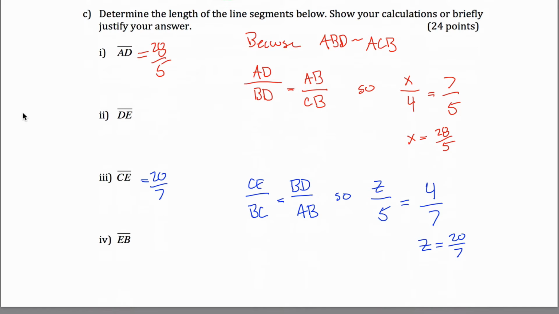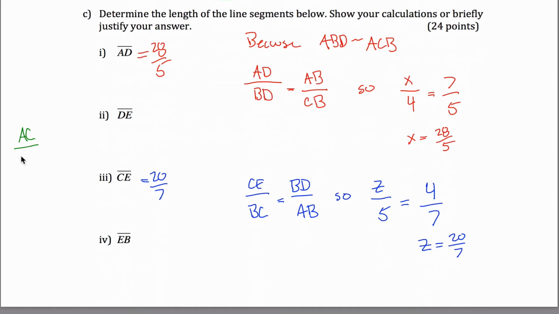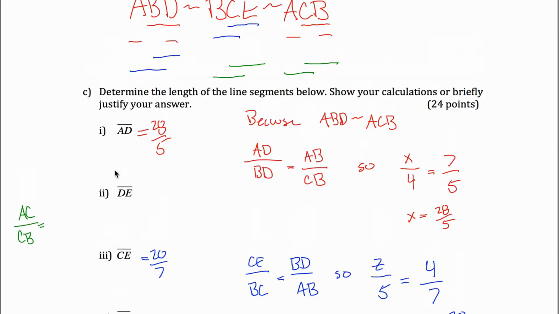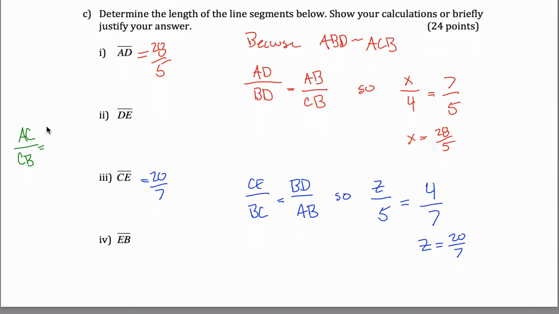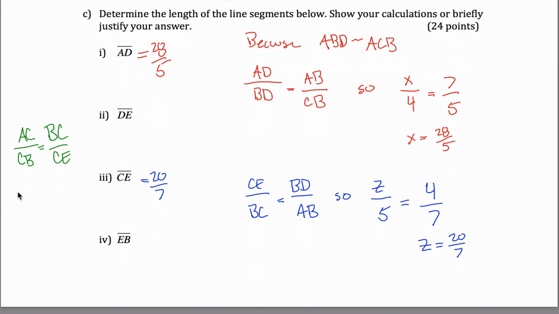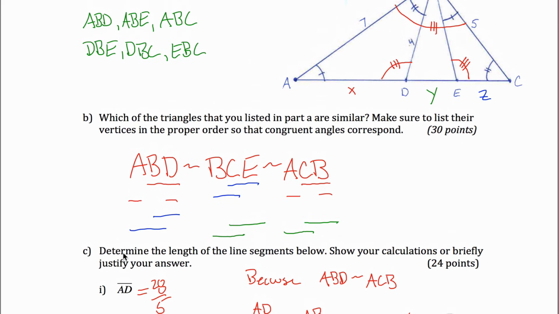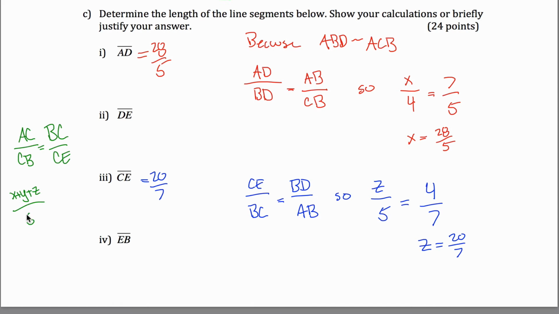Maybe I could say that, over here I guess. AC divided by CB has got to be equal to BC divided by CE. So AC is what I'm trying to figure out. AC is x plus y plus z divided by CB, which in the picture looks to be 5.